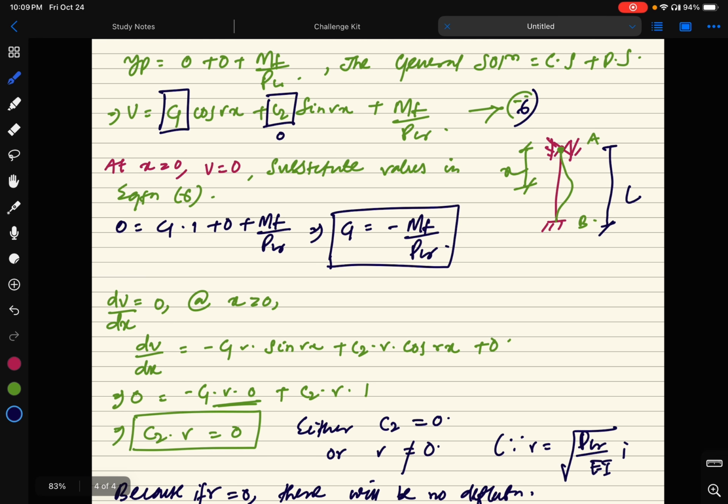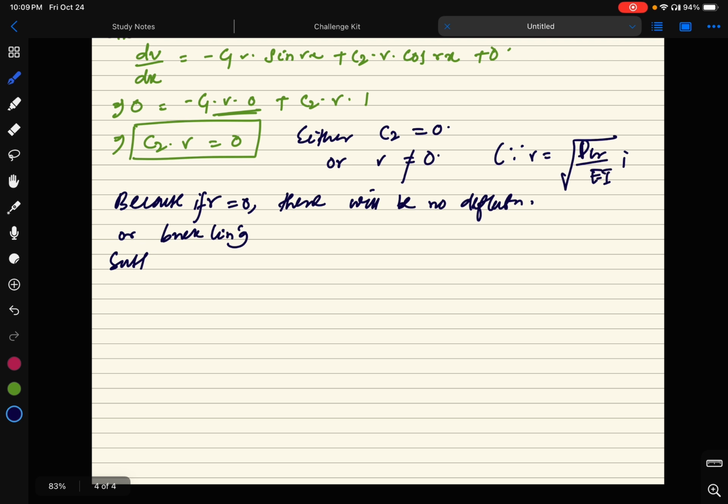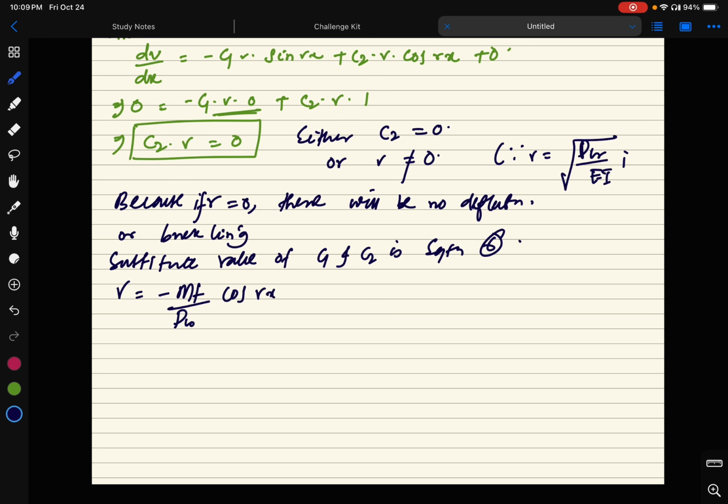Now substituting these values of c1 and c2 in equation 6, we have v is equal to minus mf by PCR cos Rx plus mf by PCR. So we take mf common, so 1 minus cos Rx.